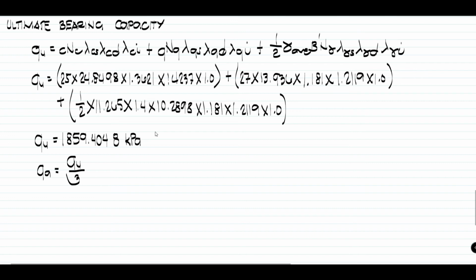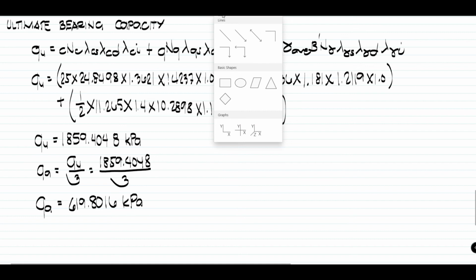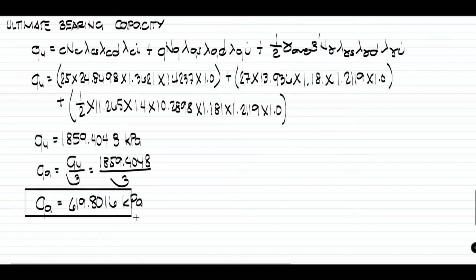So, that will be 1859.4048 divided by 3 will be the Q allowable, which is 619.8016. So this is in kilopascals. So ito ngayon yung Q allowable natin.